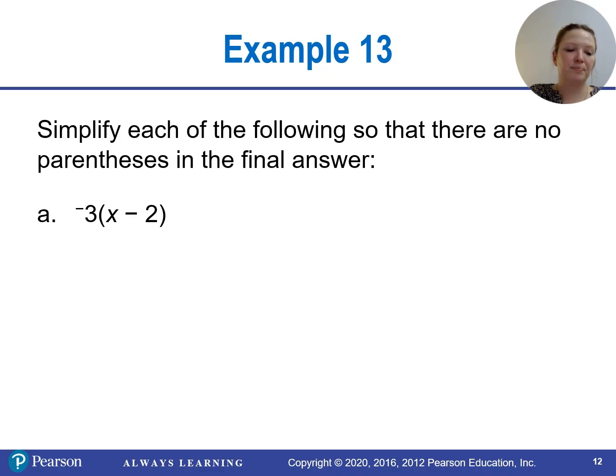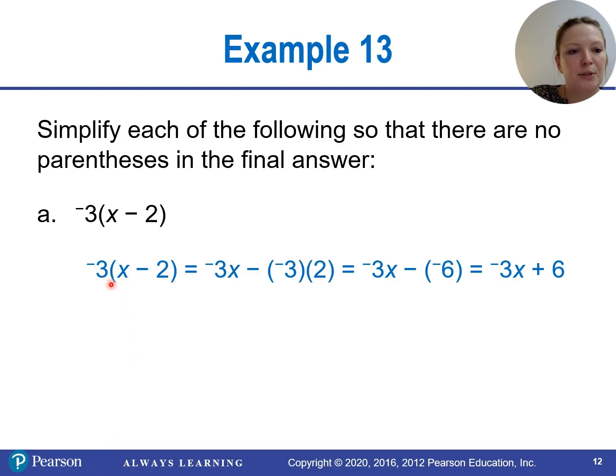So if we think about -3 times (x minus 2), the first thing you might do is distribute -3 to x and -2. So if we distribute -3 to x and -3 to subtracting 2, then by that distributive property of the integers over subtraction, I get -3 times x minus -3 times 2.